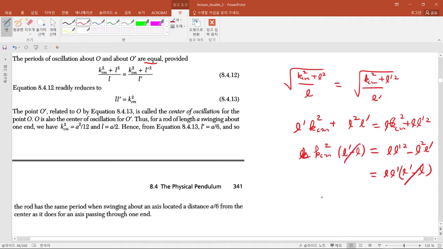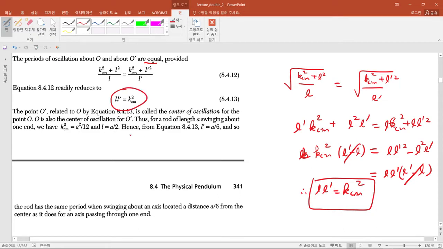These things can cancel. Therefore, the condition that the period is equal for the other point is l l prime equal to k center of mass squared.